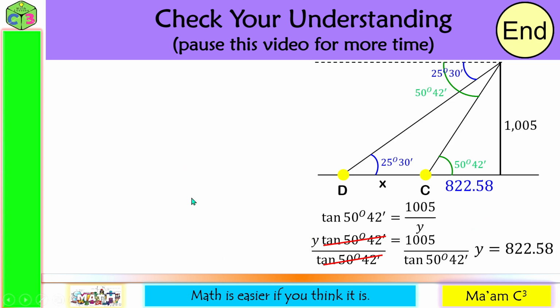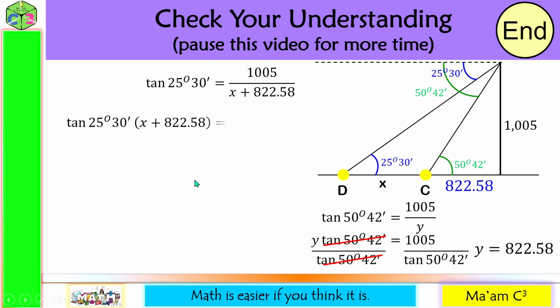Let me continue. I'll erase this one first. This time I'm going to make use of this angle. In reference to this angle, this side is the opposite and this one is the adjacent. So once again, tangent. Tangent 25 degrees 30 minutes is equal to the opposite divided by the adjacent, which is x plus 822.58.